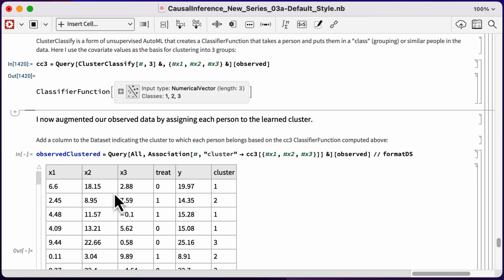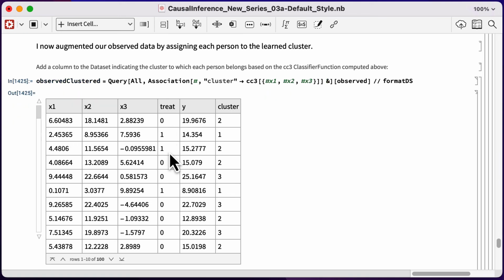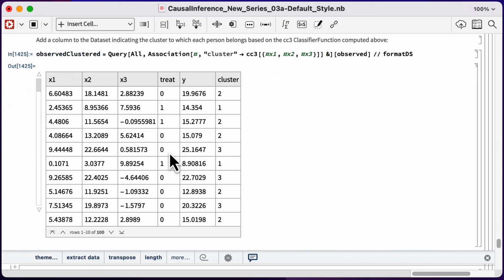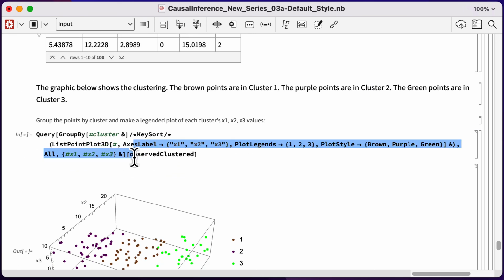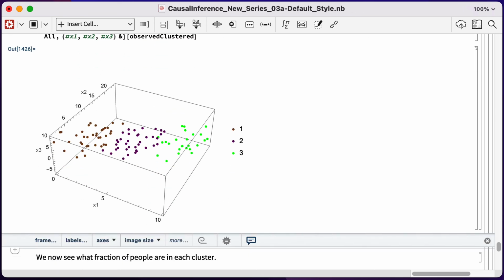All right, and now let's take everybody in our data set and assign them to a cluster. All right, there they are, in their little clusters. And now, by the way, if you want to see what the clusters look like, here are the brown people, the purple people, and the green people.